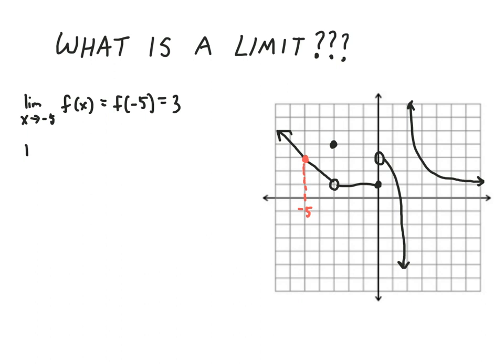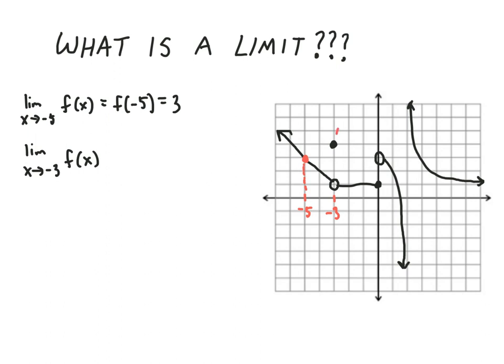Meanwhile, if I ask that same question about this function, but as x approaches -3, I have to think a little harder here. So at -3, I can see there's something unusual going on. So the first question I might ask myself is, what is the actual height at -3?